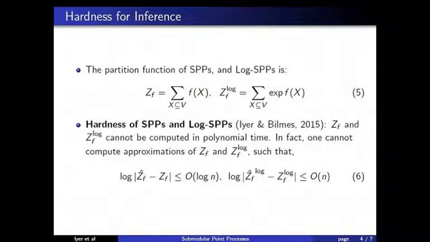So the first result is we show that for general classes of submodular functions, it's really hard to compute these. This is in fact independent of P equals NP. You can give information theoretic proofs that computing the normalization functions for both SPPs and log-SPPs is hard, and one can give lower bounds of order log n and order n, respectively.